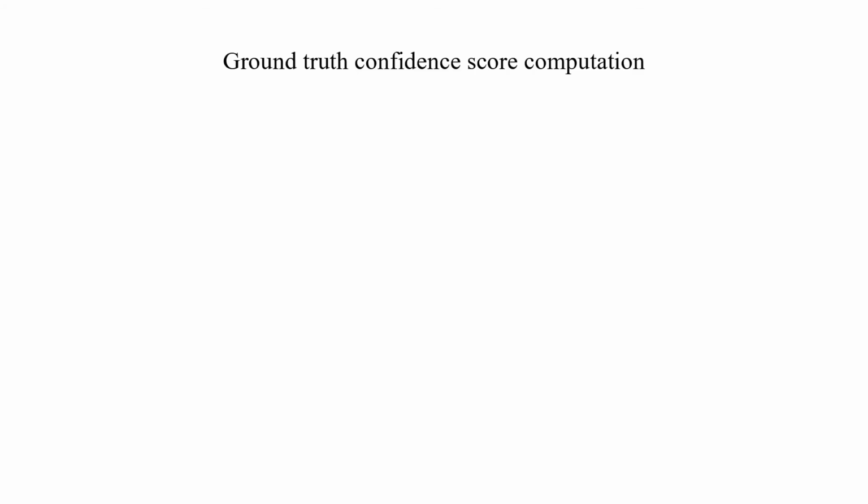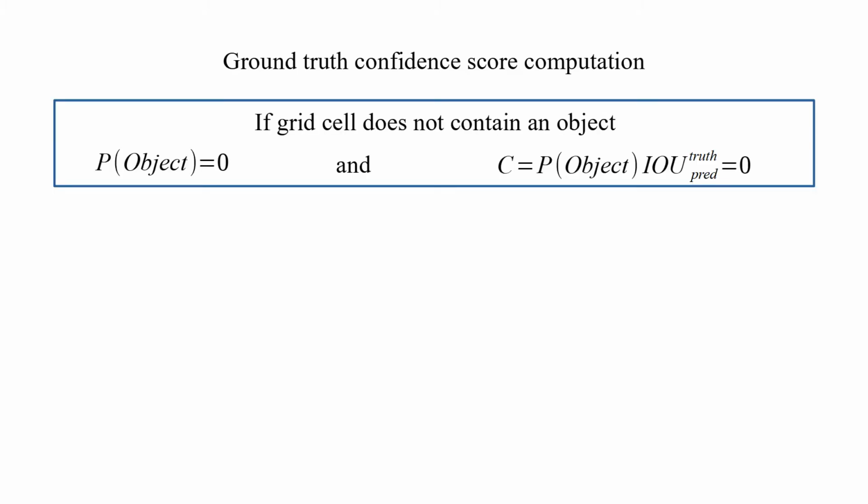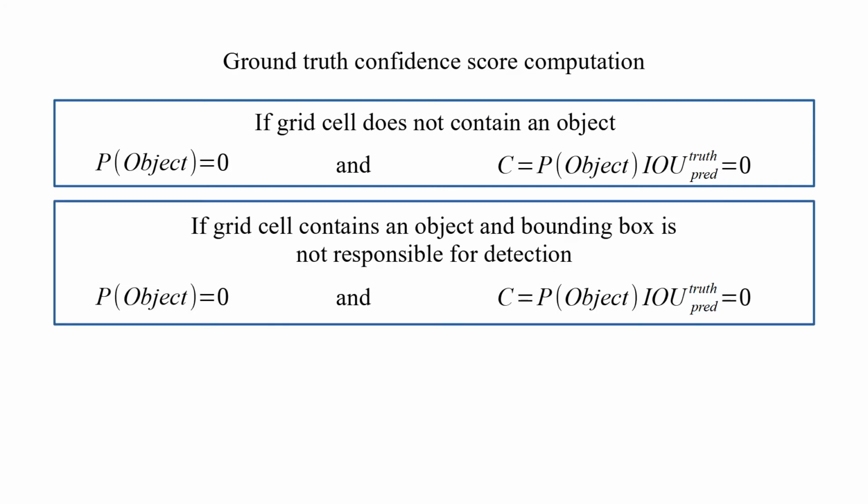Ground truth confidence score computation. If grid cell does not contain an object, then P of object is 0 and confidence score is 0. If grid cell contains an object and bounding box is not responsible for detection, then P of object is 0 and confidence score is 0.